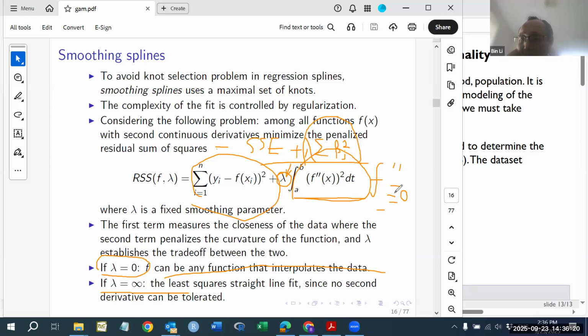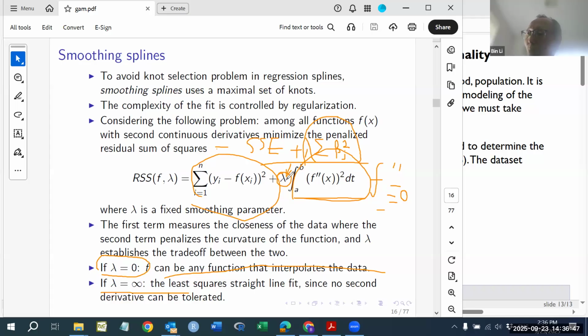So now you can get the idea. If we want a model which is complicated, should we choose a large lambda or a small lambda? If we want the model to be complicated, the lambda should be smaller, because small lambda means we have less penalty on the model complexity. So the final model, the optimal model, will be more complicated.